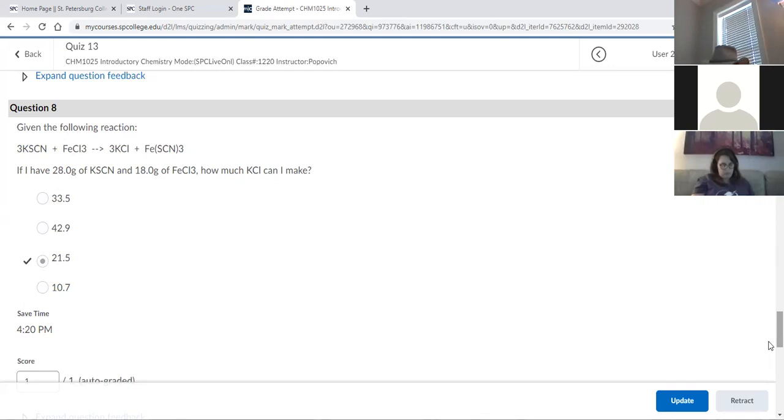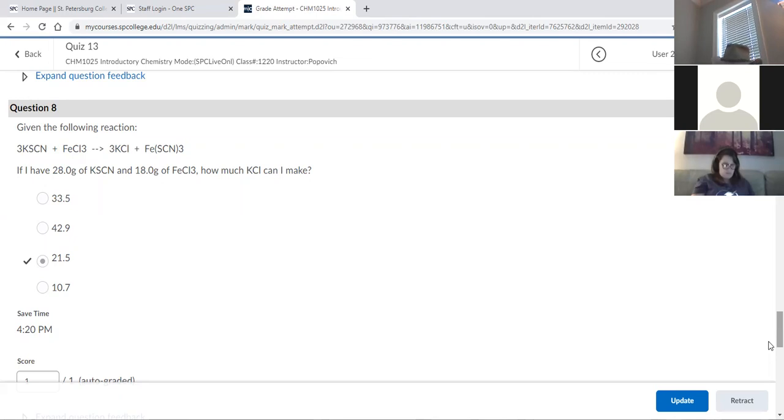So I get a total molecular weight of 97.18 for the potassium thiocyanate, correct? Mm-hmm. All right, my iron chloride. I got 3 times 35.45. That gives me 106.35. And iron is 55.85. Okay.